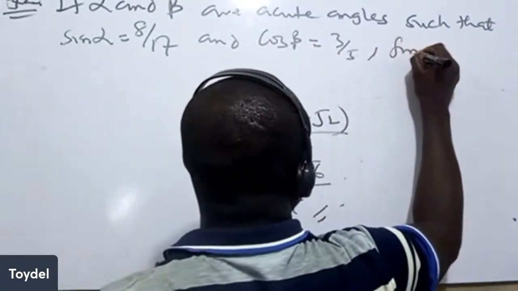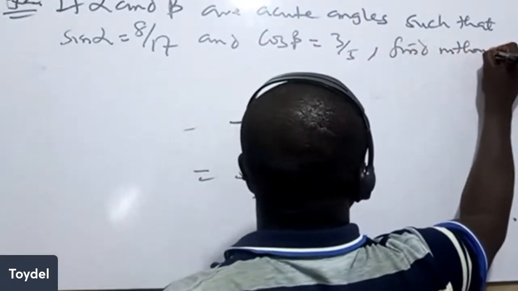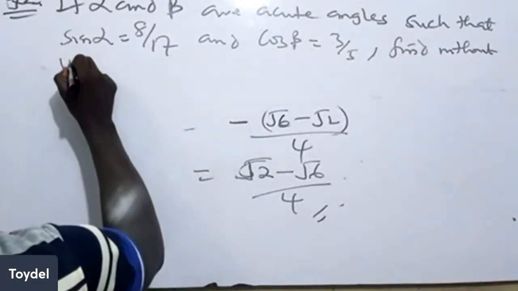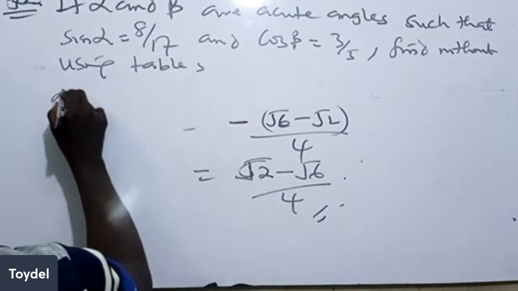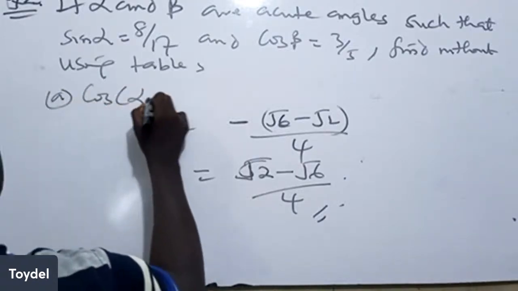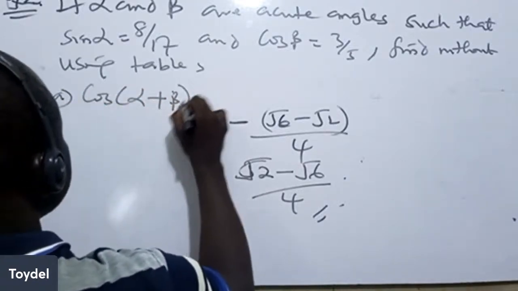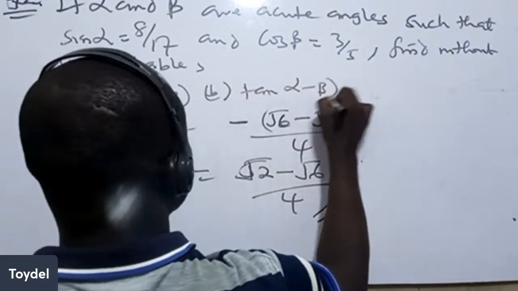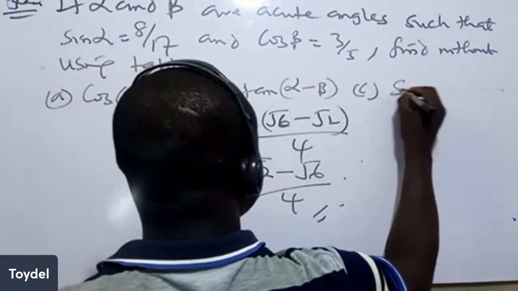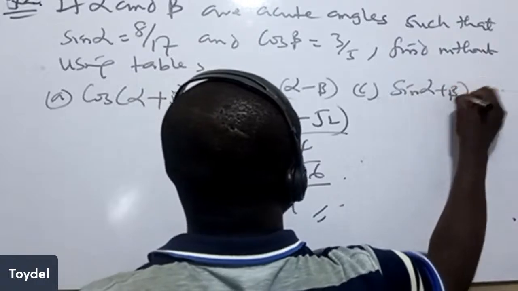The question now says find, without using tables: the first one, cos of alpha plus beta. Then the second one, tan of alpha minus beta. Then C, sine of alpha plus beta.